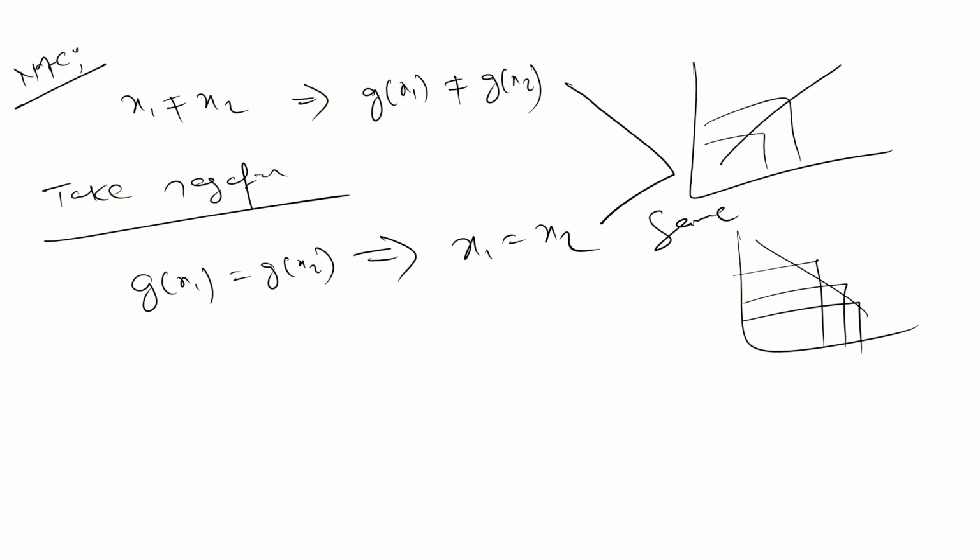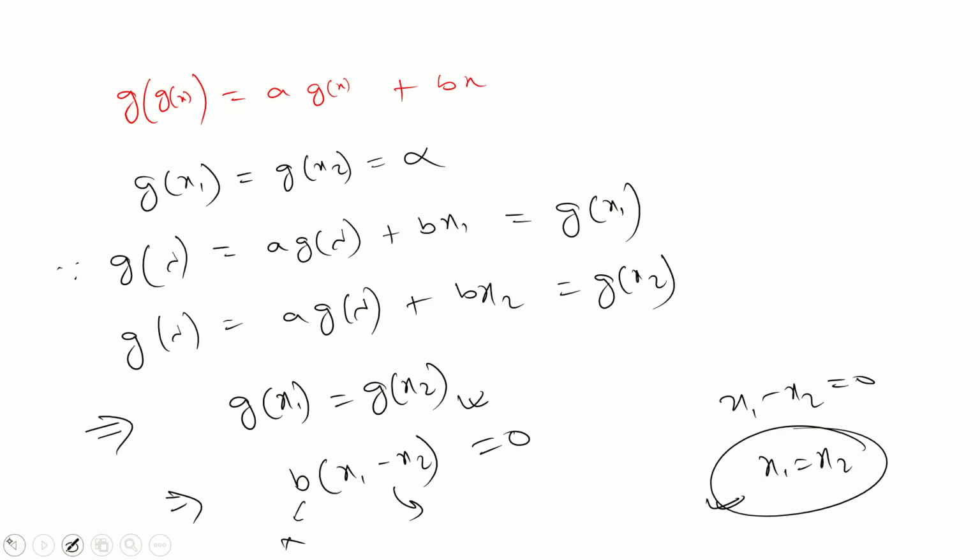So guys, by doing this, we can conclude that the output and the input are the same. So yes, this function is following the property of injective or 1-1 functions.